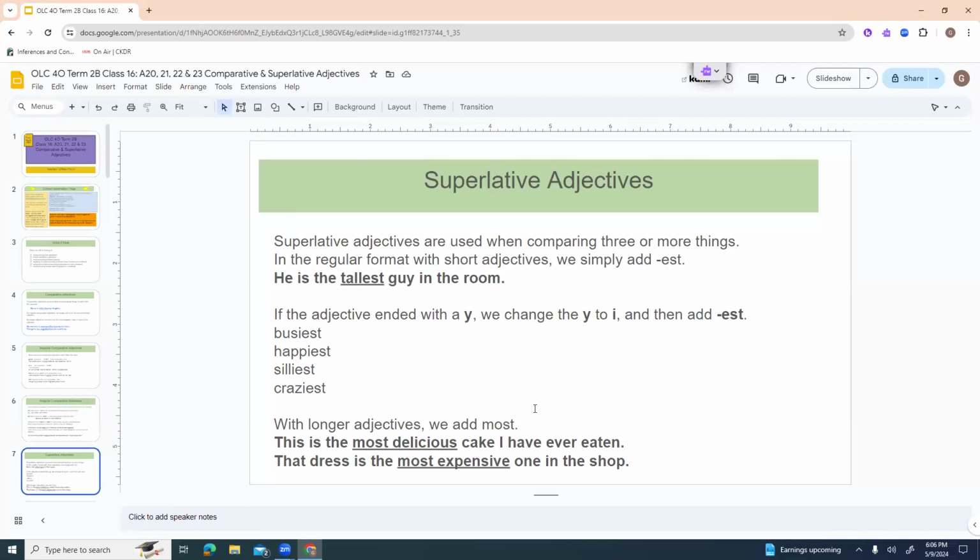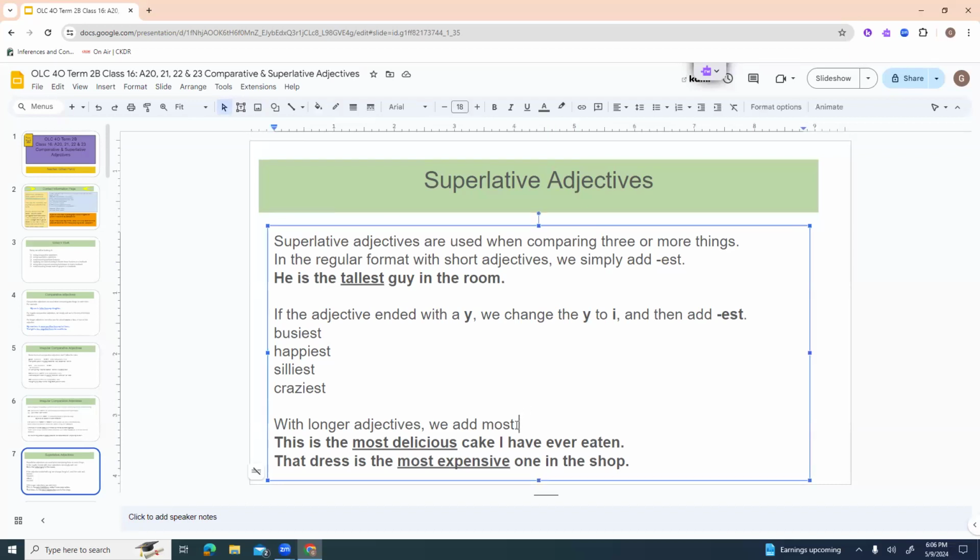If the adjective ended with a Y, we change the Y to I and we add est. Busiest, happiest, silliest, craziest. With longer adjectives, two and three syllable adjectives, we add the word most or least. I should say least here. This is the most delicious cake I have ever eaten.